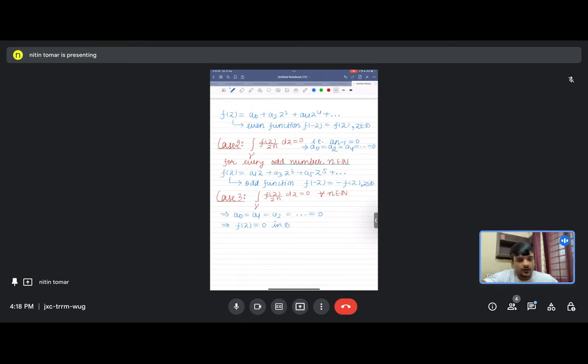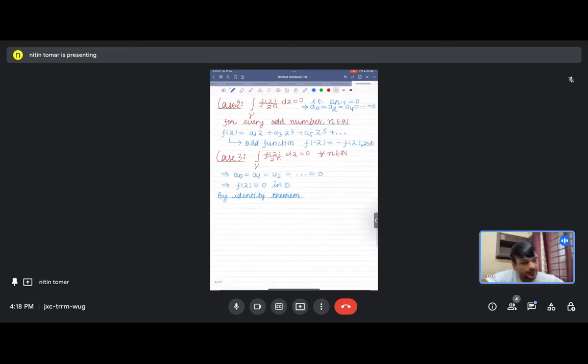In fact, in omega also by identity theorem, right? So what does the identity theorem say? That if the zero set has a limit point inside the domain, then the function has to be 0.